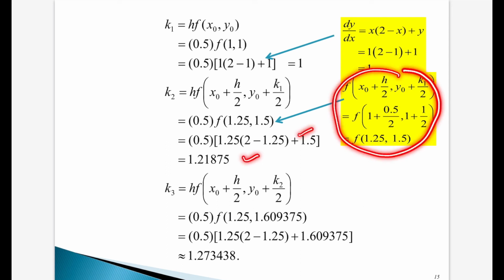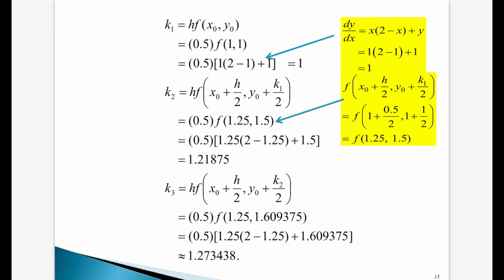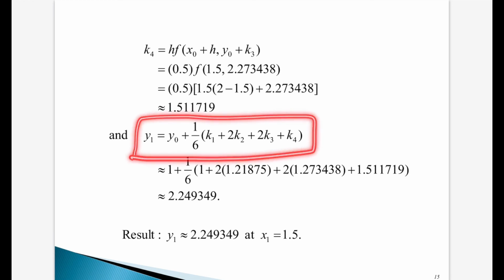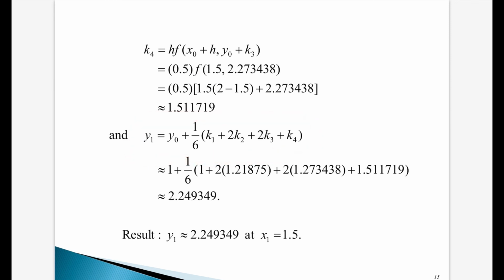Simplify this, then you will get this value. This is k3 and k4. After you get all the k1, k2, k3 and k4, substitute into your formula for the next value of y. So y1 will be this value, 2.249349. So this is the value of y1 at x1 equal to 1.5.